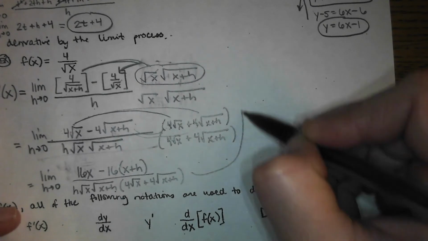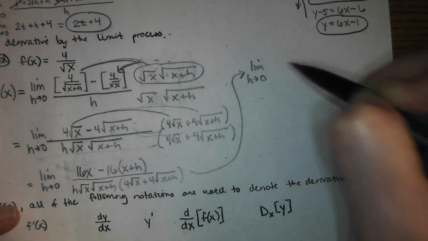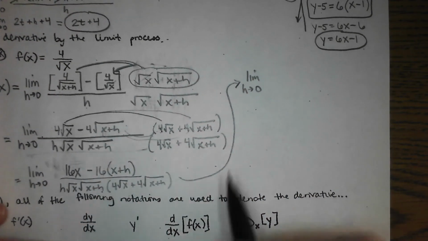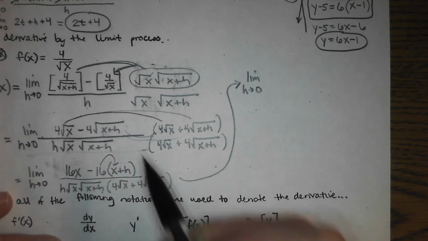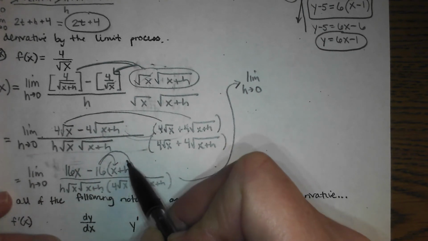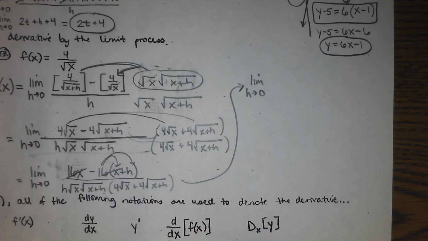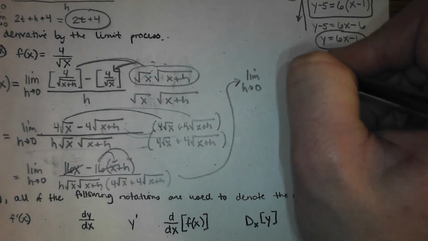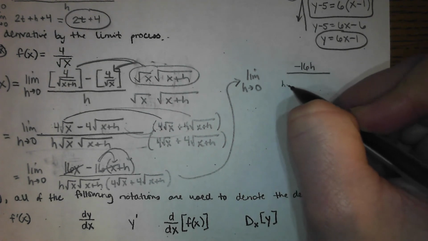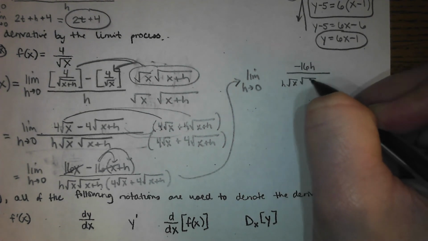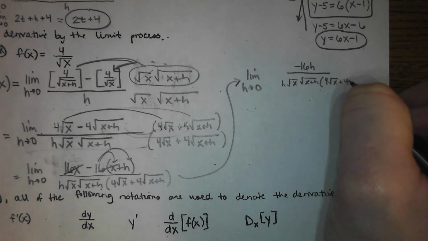Keep simplifying that numerator. It'll be 16x minus 16x, and then minus a 16h. So the 16x and the 16x will cancel, and it'll just be minus 16h up top, with h root x plus h, and then 4 root x plus 4 root x plus h.